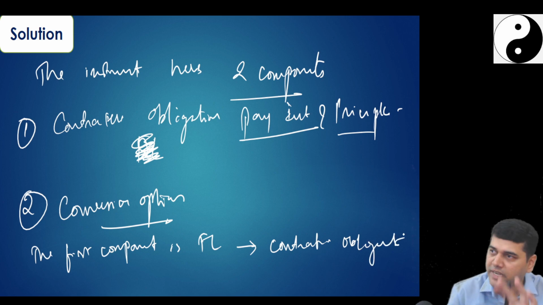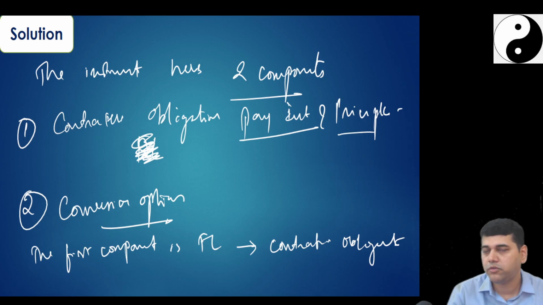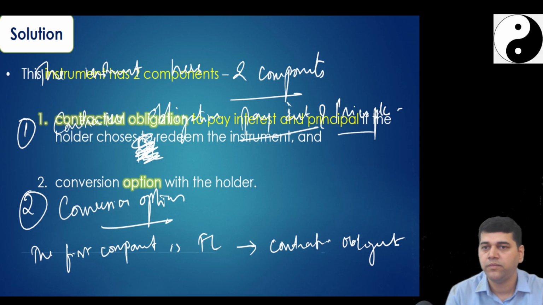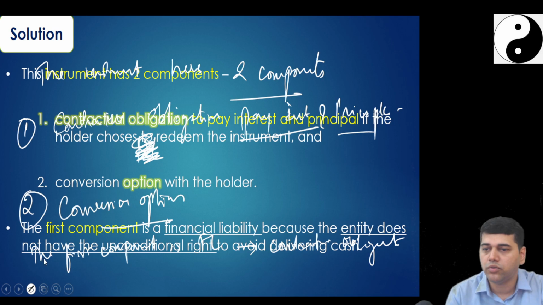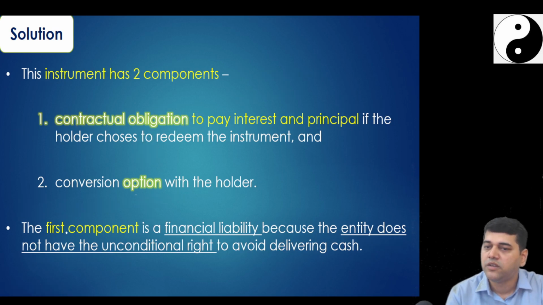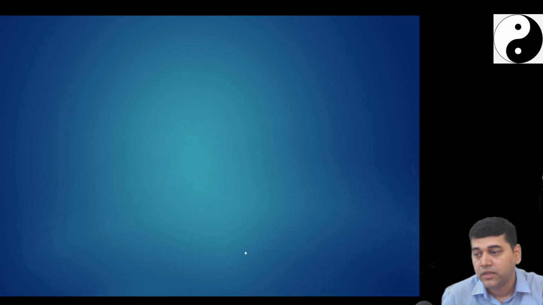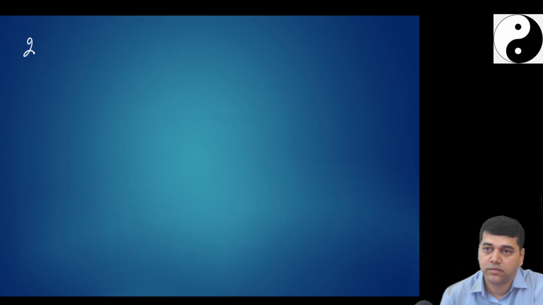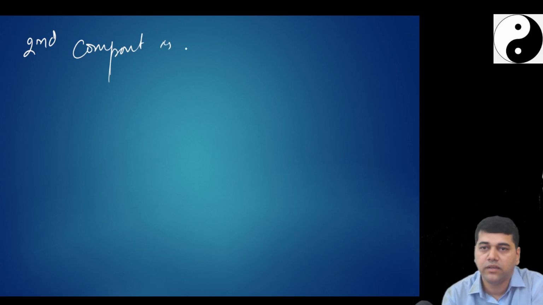Doesn't matter, student, you will get marks. But you are communicating to someone. Followed, no? So you said that there are two: contractual obligations and an option. The first component is a liability because it is unconditional. You cannot avoid it. The second component is equity. Why?